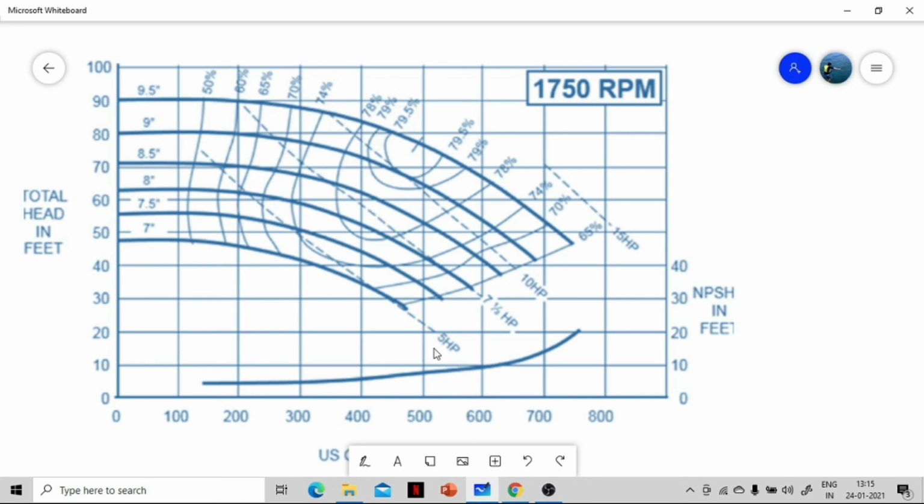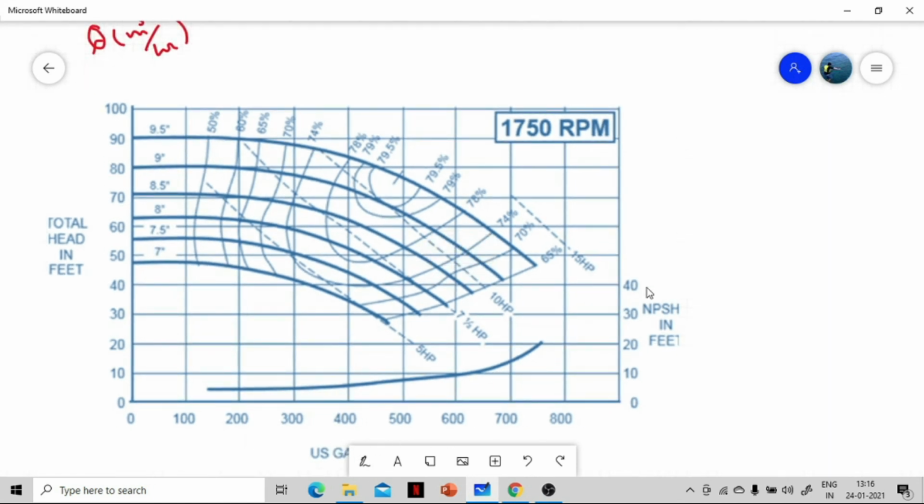Also, the power consumption increases with increasing flow rate. You can see 5 horsepower, 7, 10, and then 15 horsepower. And the NPSH requirement also increases with increase in the flow rate.